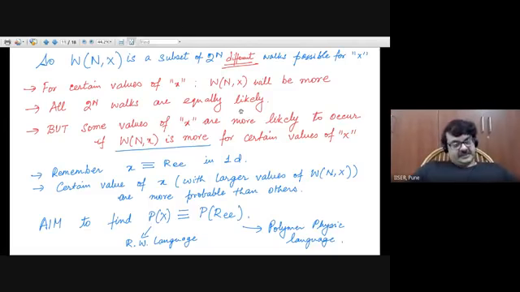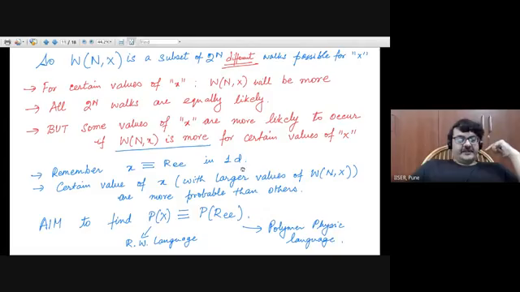And those values of displacement are more likely than others for which W(n,x) is more. If for certain values of x you have a larger number of random walks possible, those values of displacement are more likely to occur compared to a displacement for which W(n,x) is less. Of course, this x corresponds to the end to end distance in 1D, right?